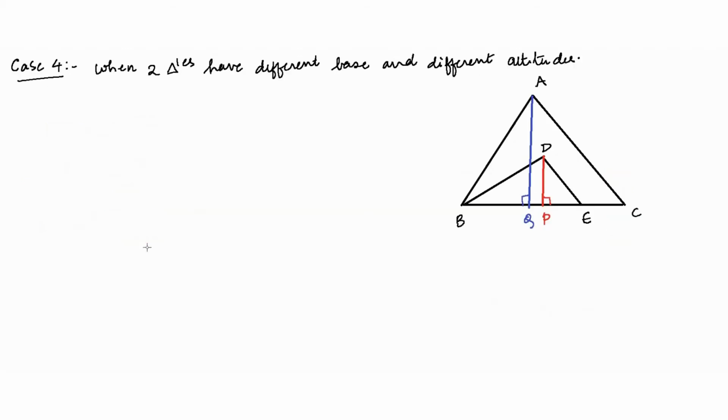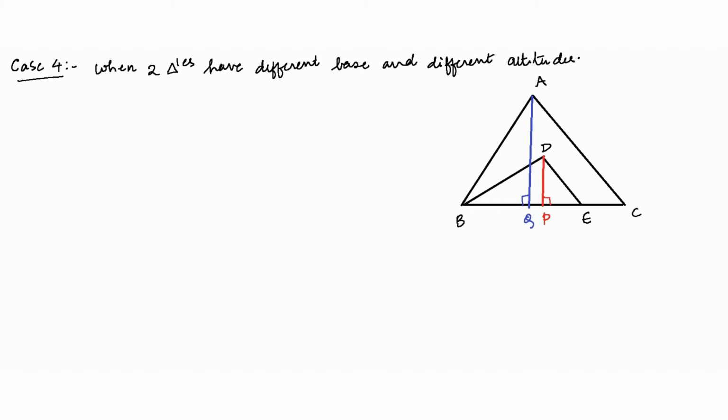So now let's consider case number 4, where two triangles have different base and different altitudes. So here I have triangle ABC and triangle DBE, where the bases and altitudes are different. I have shown that DP is the altitude of triangle BED, and AQ is the altitude of triangle ABC.